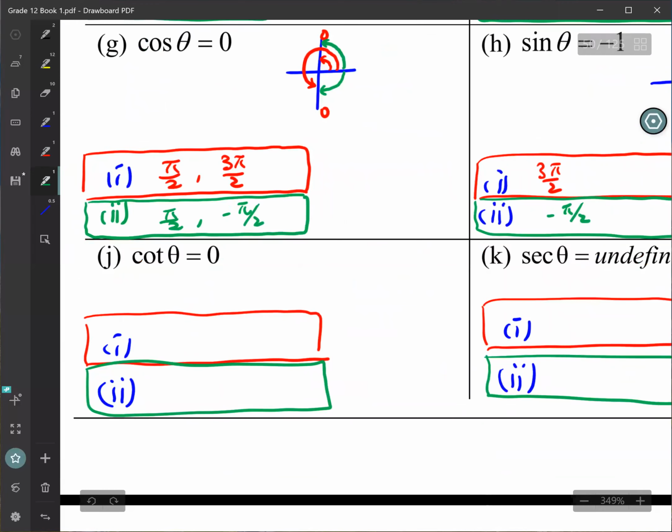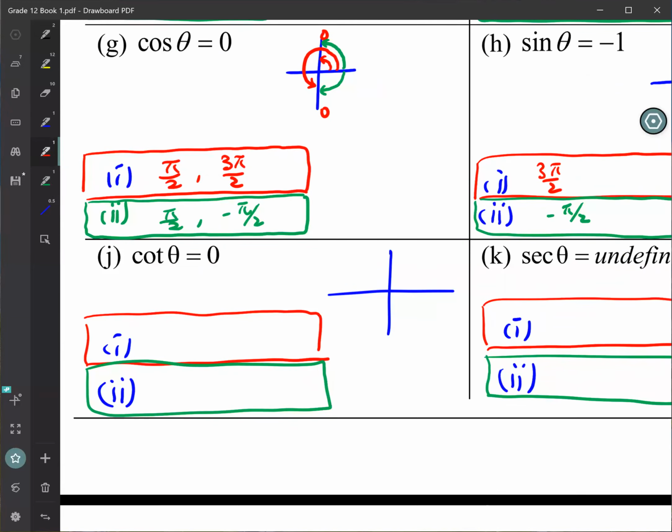Cotangent 0. Where is cotangent 0? Cindy? The line. Which line? The vertical line. Okay, the vertical line.